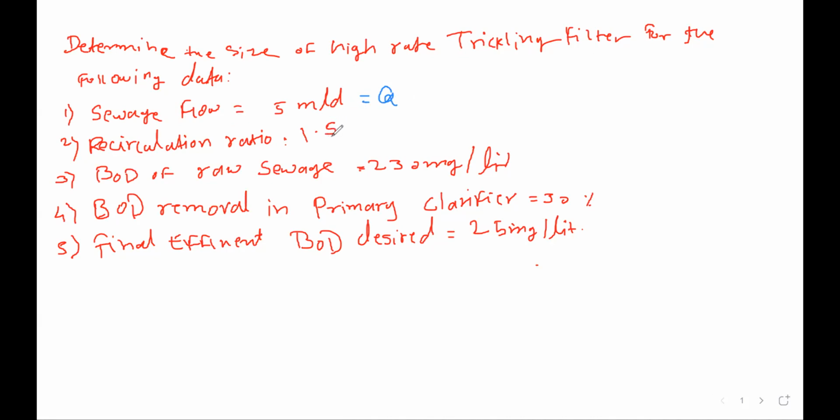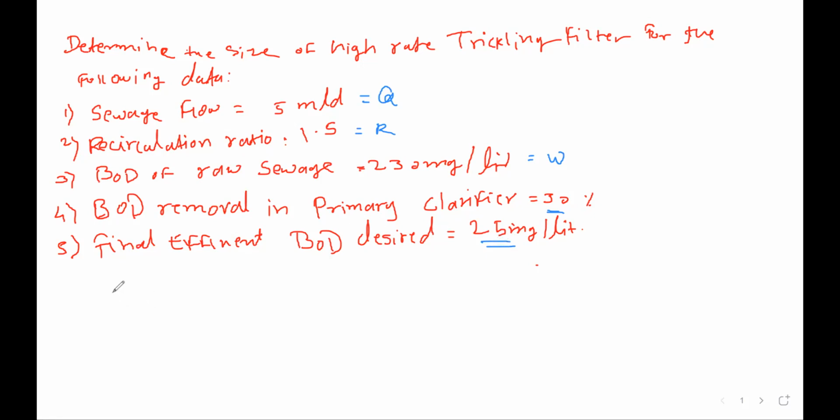Then recirculation ratio is given, that is R. Then BOD of raw sewage is given, that we had given notation W. BOD removal in primary clarifier is given as 30%. Final effluent BOD desired is 25 milligram per liter.